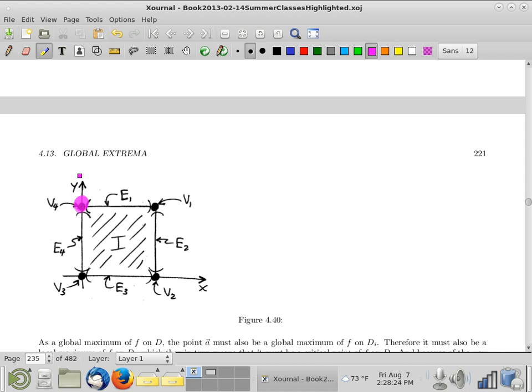Well, there are no tangent vectors because there's no direction that you can move as a velocity of a curve and remain at that single point. So there's no tangent vectors. That means that there's no possible way that you can eliminate this as a possible maximum, and therefore this remains a possible maximum. So you could call that bad news, I suppose, but I like to call this good news.